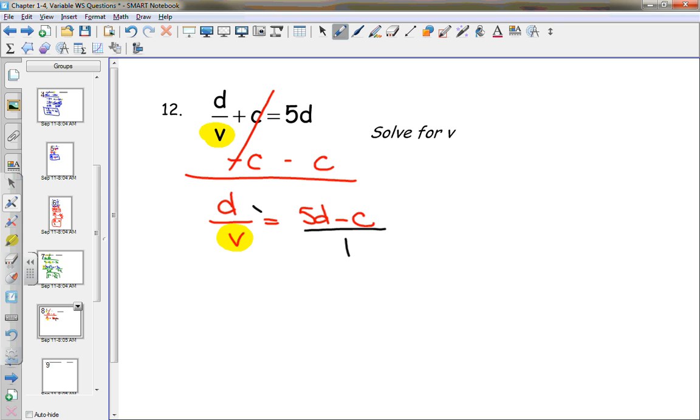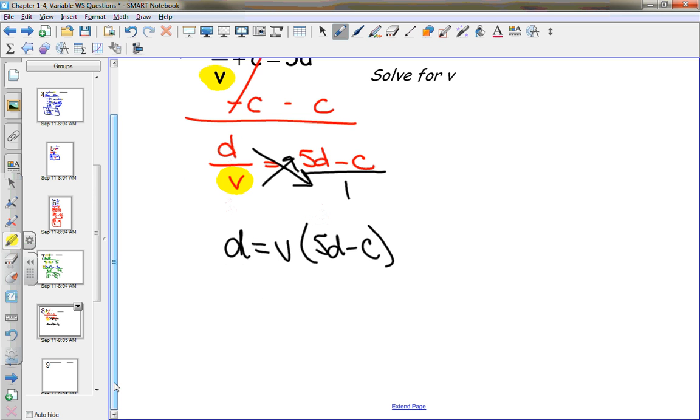So with that said, D times 1 is D. And then I'm going to have V times 5D minus C. Do you see that we no longer have a denominator? Because we had a fraction equaling a fraction, which meant we could immediately cross multiply. Now, what am I solving for? V. What's attached?